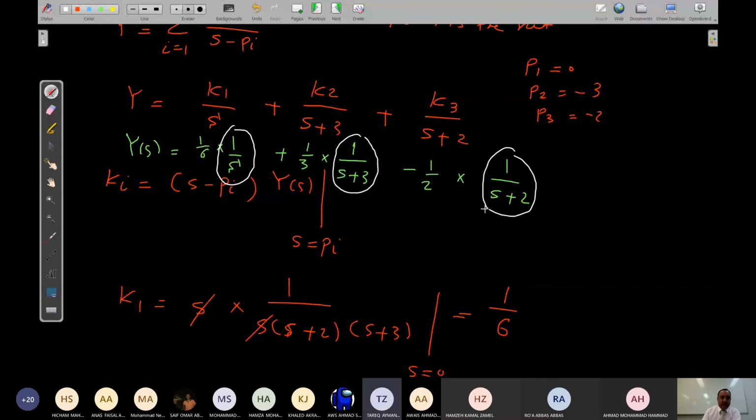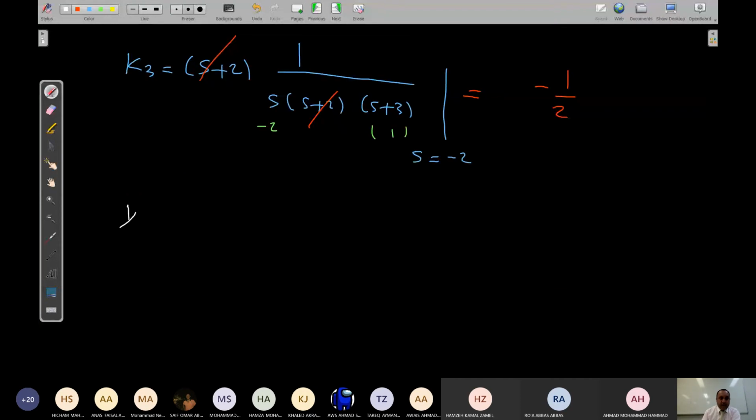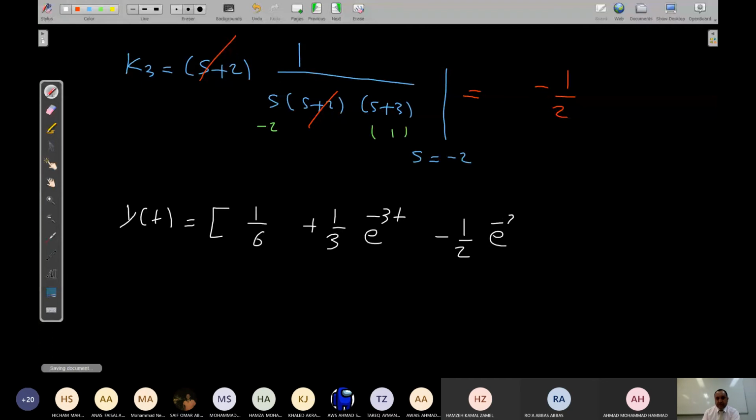So now I can write y of t will equal 1 over 6 plus 1 over 3 exponential of minus 3t minus 1 over 2 exponential of minus 2t, all multiplied by u of t to ensure that the function is starting from 0. Correct?